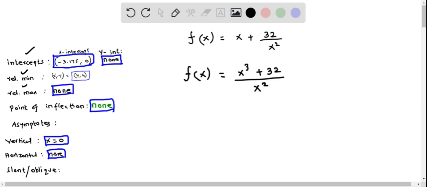The degree of the numerator polynomial is 3, because x cubed is the largest x term, and the degree of the denominator polynomial is 2, because x squared is the largest x term. The degree of the numerator is exactly 1 more than the degree of the denominator, 3 minus 2. And whenever this happens, the function has a slant asymptote.